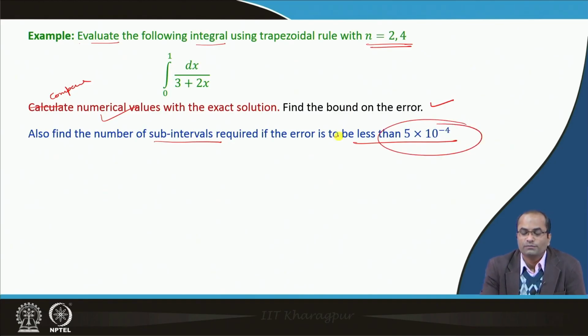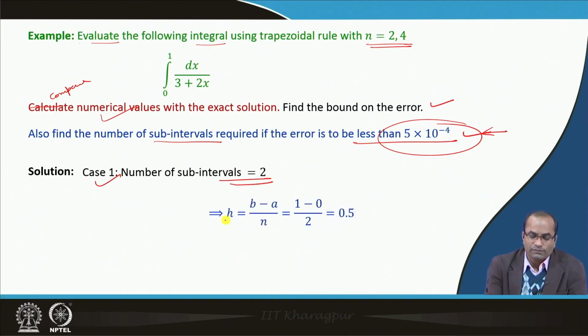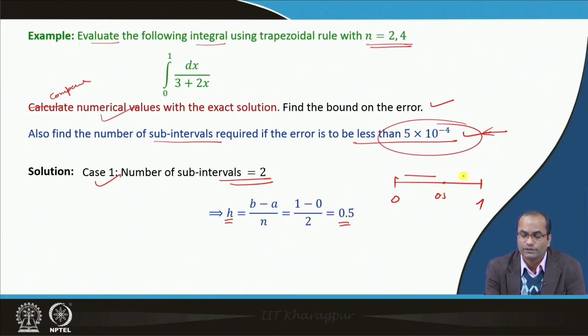So, using the error bound formula, we can also estimate how many sub intervals we require if we want our error to be less than 5 into 10 raised to the power minus 4. Case 1: when we take the number of intervals as 2, the h will be 0.5 because our interval is 0 to 1. So, we have 2 intervals, interval 1, interval 2.